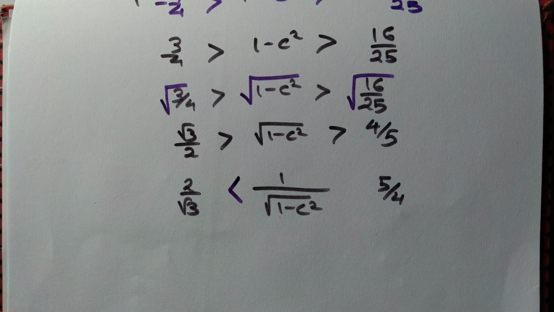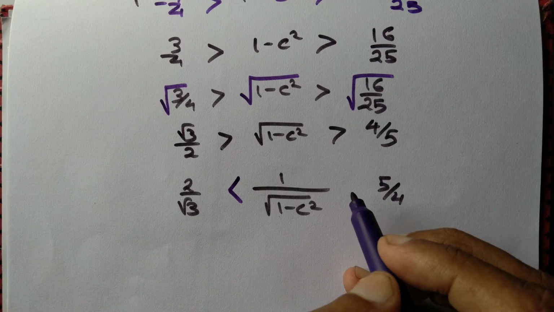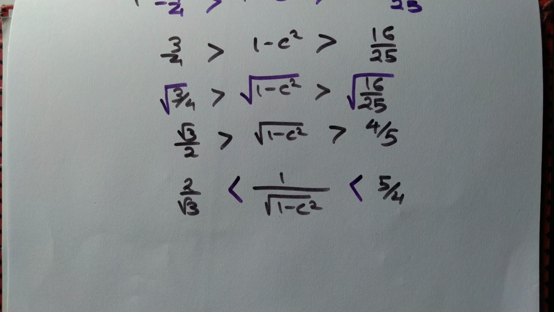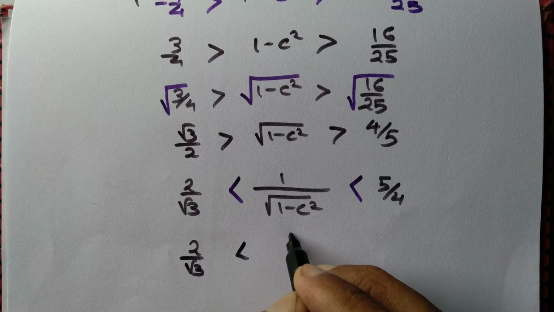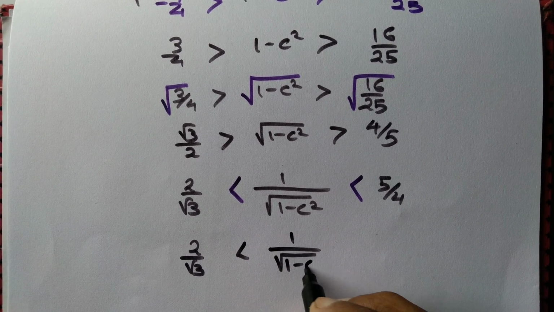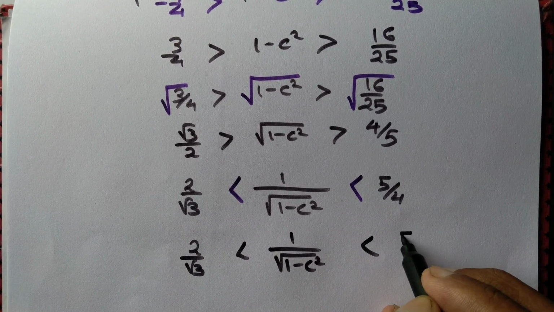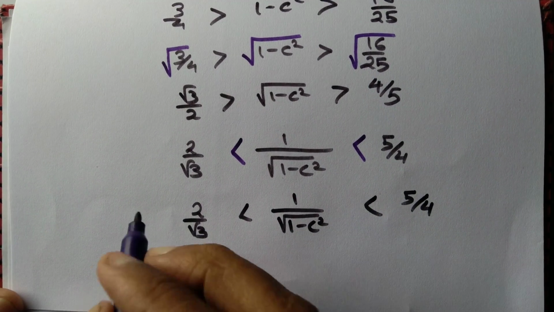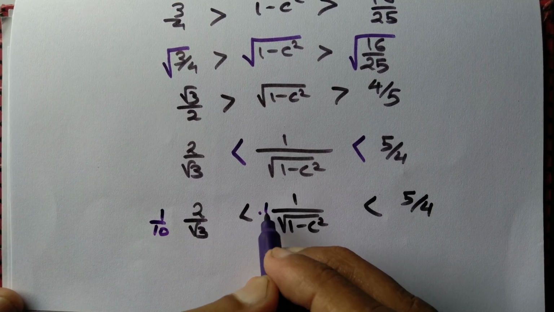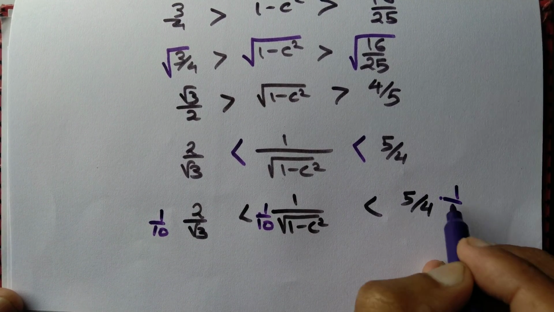When we took the negative, the inequality reversed, and when we take the reciprocal, then also the inequality reverses. Lastly, let's do 1/10 as well. So we got 2 by root 3 is less than 1 by root over 1 minus c square is less than 5 by 4, and we multiply by 1 by 10.